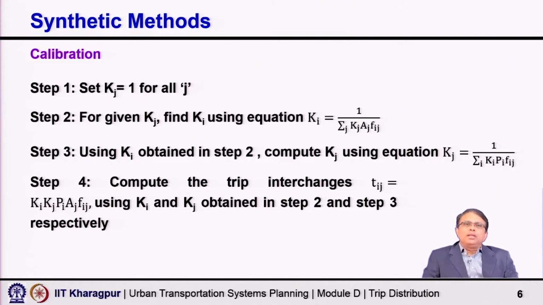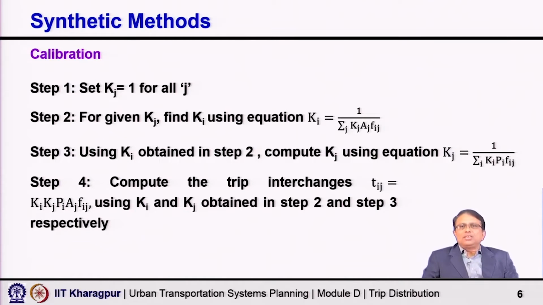Now, how do we do the calibration? We can do it in steps. The very first step is we assume that all Kj values, for all j, are 1 or unity. That is my starting point. Then go to step 2. For this assumed value of Kj as unity, you calculate the value of Ki for every i.